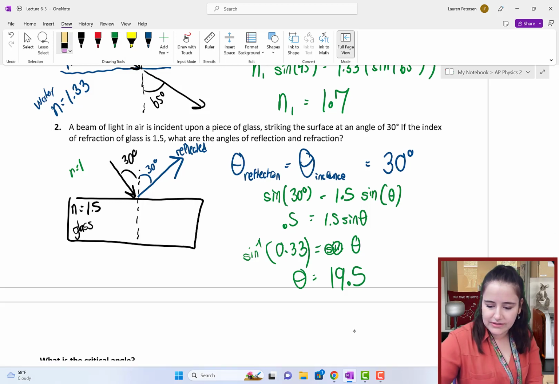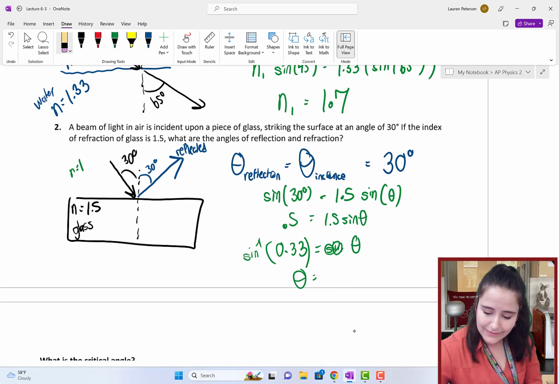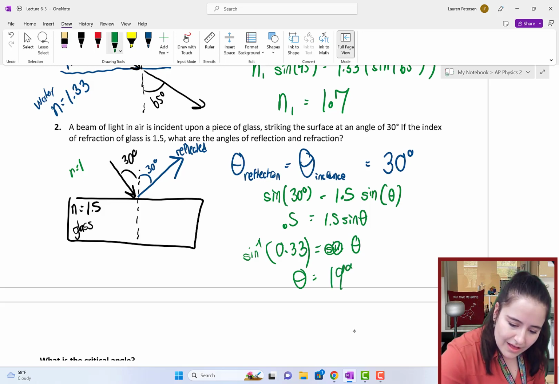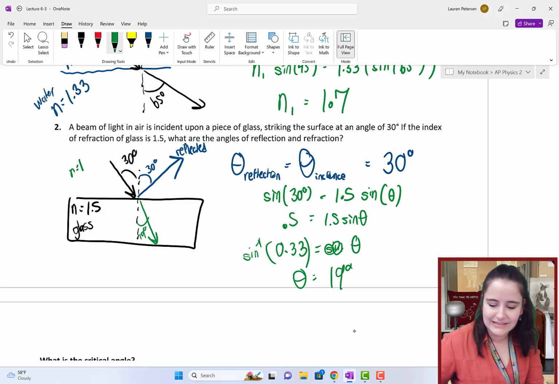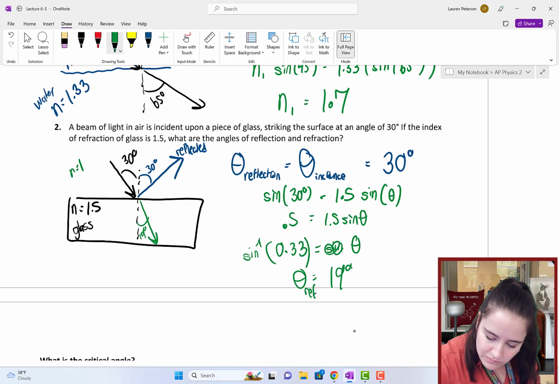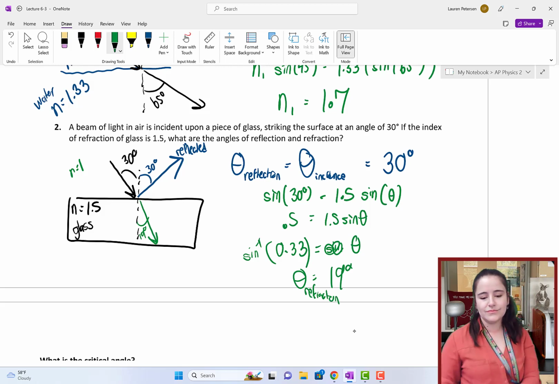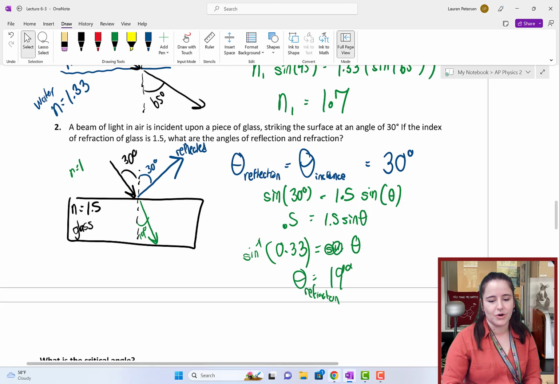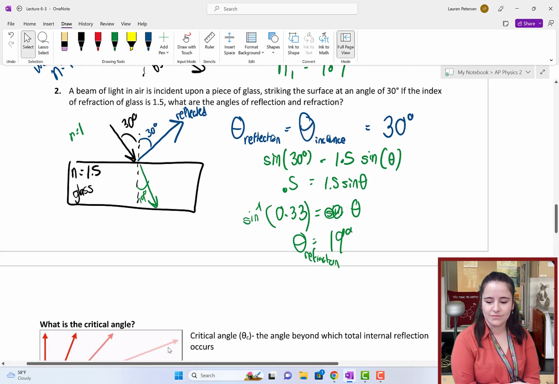Actually, we only had 2 degrees, so we're going to go with about 19 degrees. So the angle of refraction would be 19 degrees. And it is slowing down, so we expect it to bend toward the normal and that angle to be lower. Okay, cool.